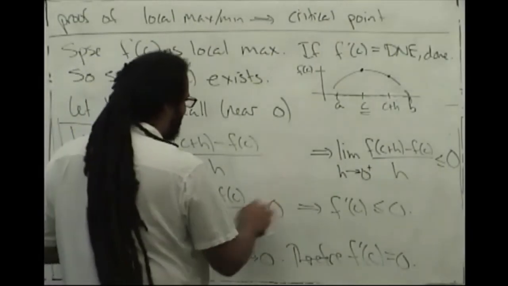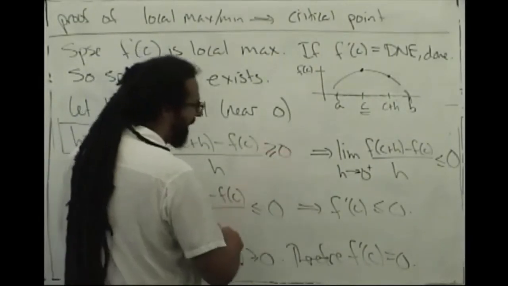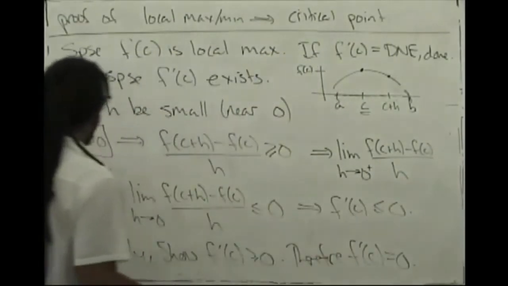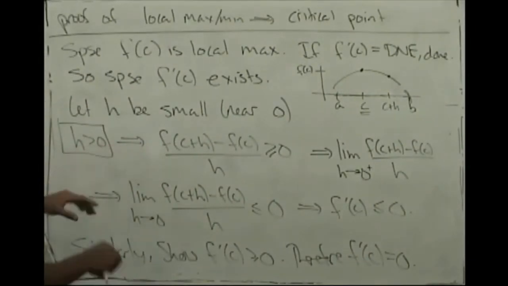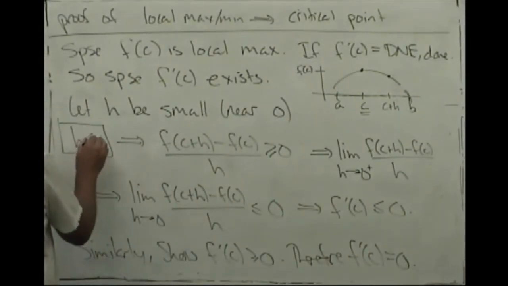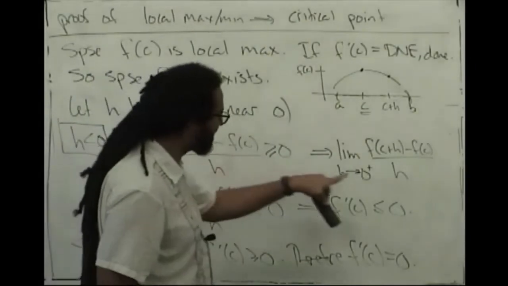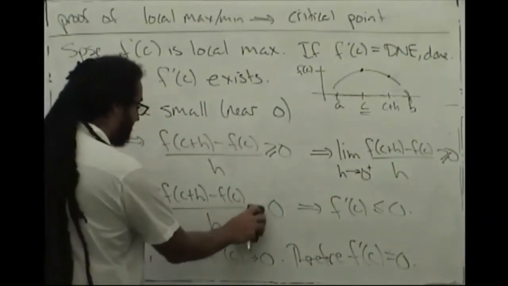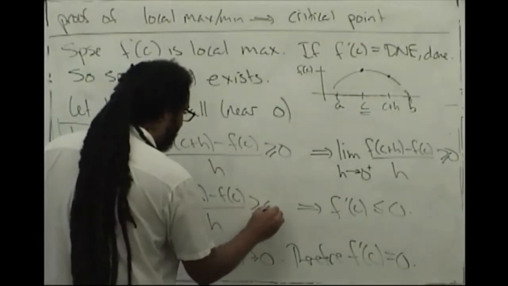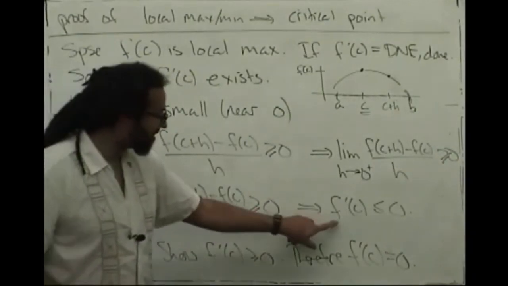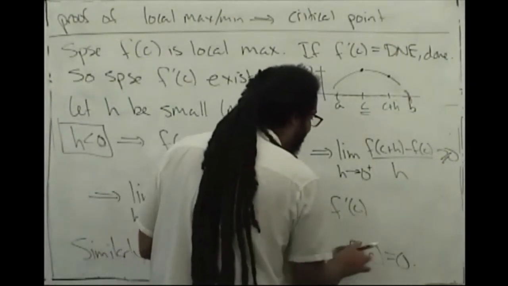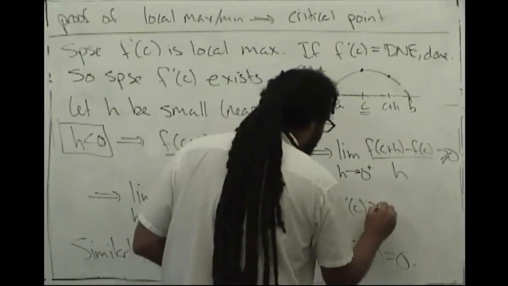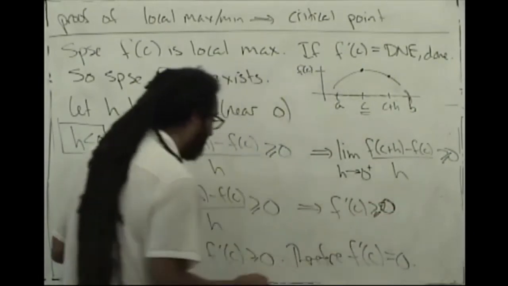And again, all of these things are now becoming positive, because this fraction is positive. So if h is less than 0 now, this is positive, therefore this thing is positive. And so now that tells us that f prime of c must be positive, or I guess non-negative is a better word.